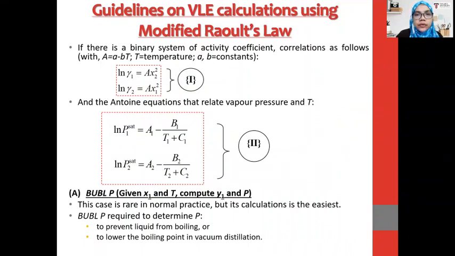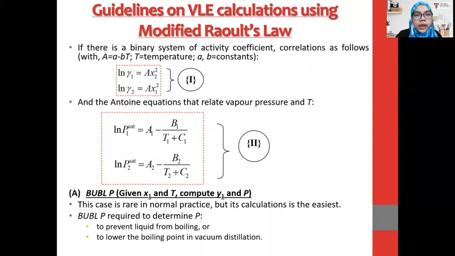Since for the modified Raoult's law we introduced the activity coefficient, this is how you can determine the activity coefficient, gamma, for both species. For example, we have ln gamma 1 for species 1. Gamma 1 can be determined by exponent of A times the liquid composition of species 2 squared.